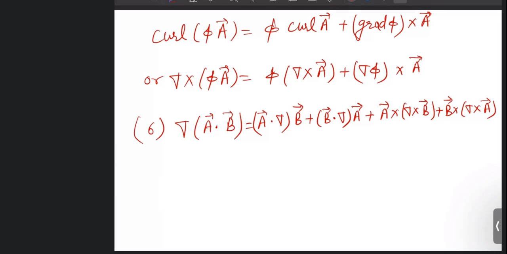Generally we know that the dot product of two vectors is commutative, but in this case A dot del is not equal to del dot A. This point is to be noted, because A dot del is not equal to del dot A. Why are these two not equal?